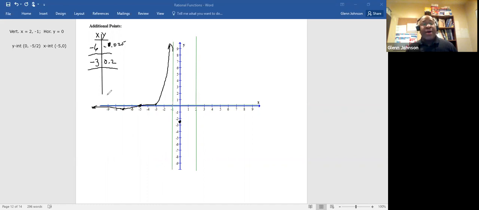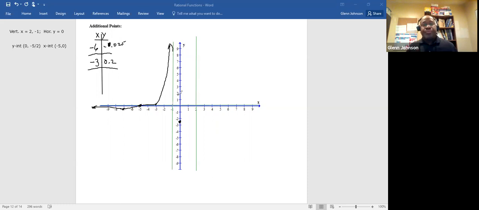All right, so now we know what's happening on the left side. Now, what about in between the vertical asymptotes? Note here that we have this single point on the y-axis at (0, -5/2). We know that the graph will tend toward the vertical asymptotes.